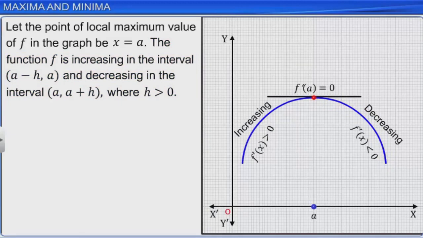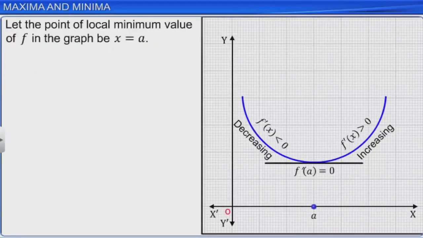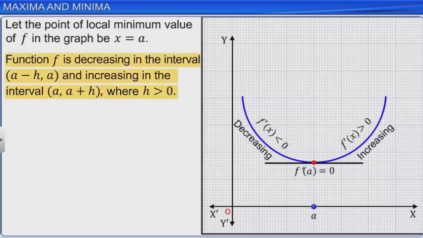Now, let x equal to a be the point of local minimum value of f. Then the graph of the function f around a is as shown. In this case, f is decreasing in the open interval (a minus h, a) and is increasing in the open interval (a, a plus h), where h is a small positive number.